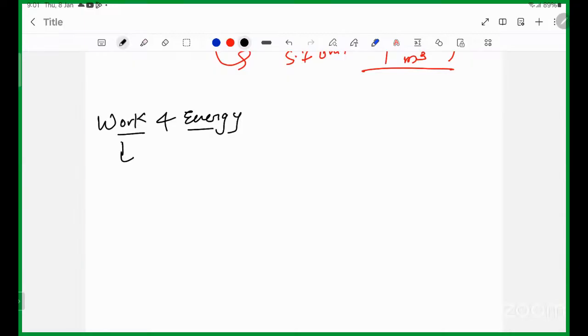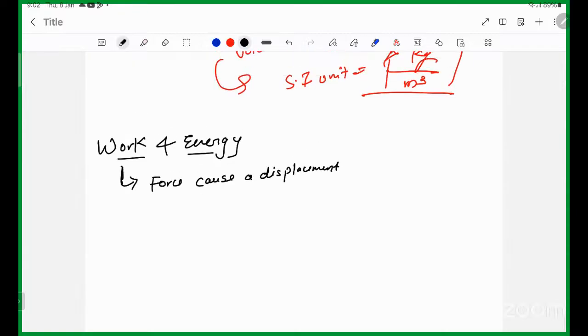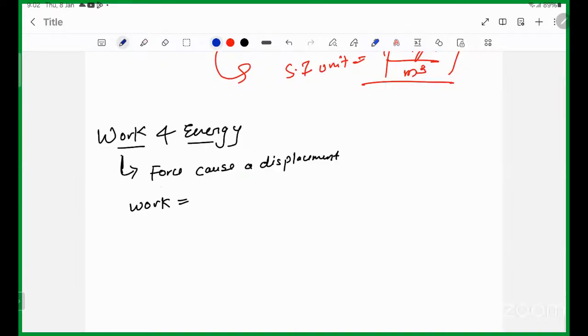What is work? Force causes a displacement. So work is equal to force into displacement.